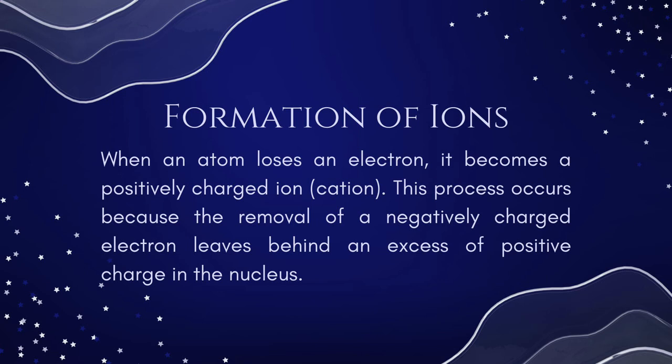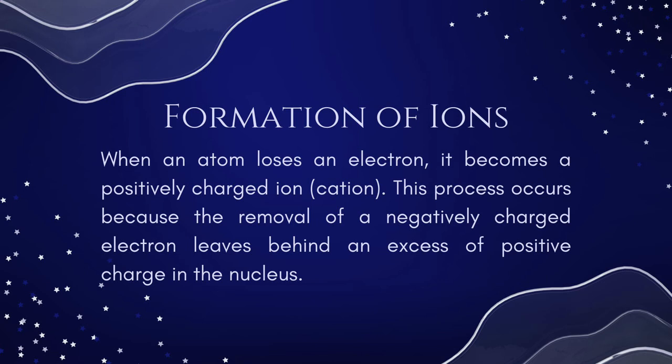And lastly, let us talk about the formation of ions. But before that, let us know what an ion is. An ion is any atom or group of atoms that bears one or more positive or negative electrical charges. We have two types of ions, the positively and negatively charged ions.